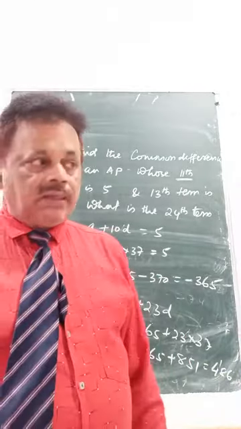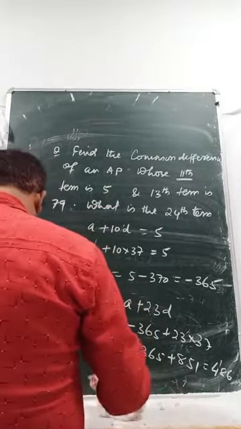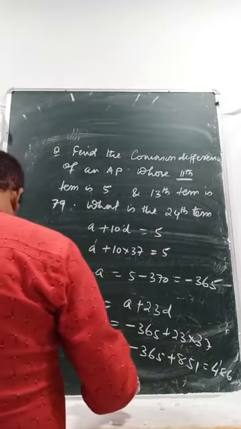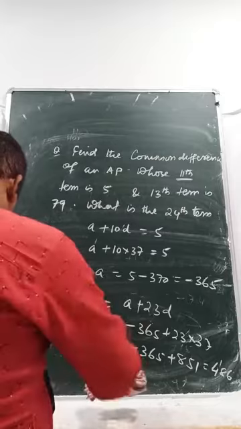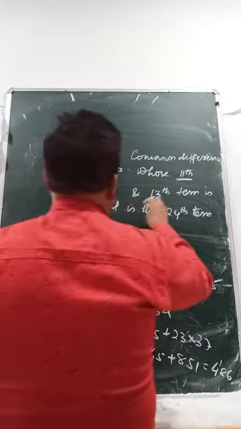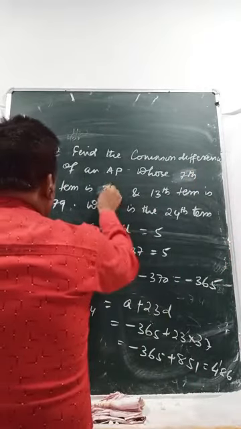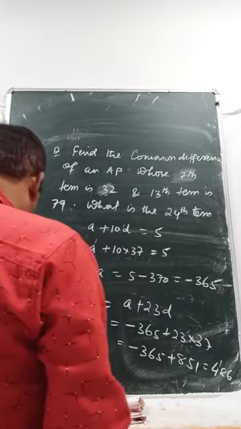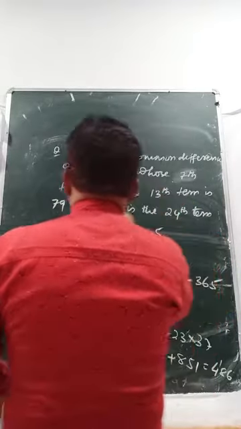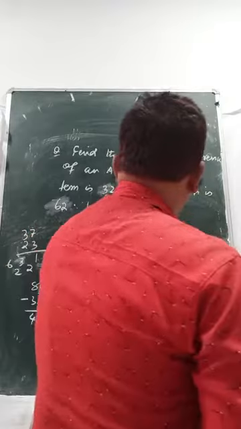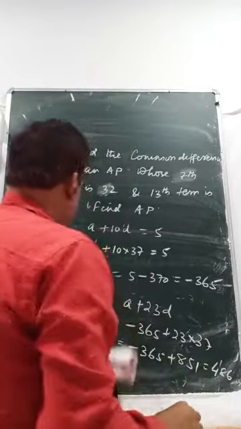Okay. So I can give one question you can solve. Seventh term of an AP is 32, and 13th term is 62. Find the AP. This will be different, but I shall give you two.